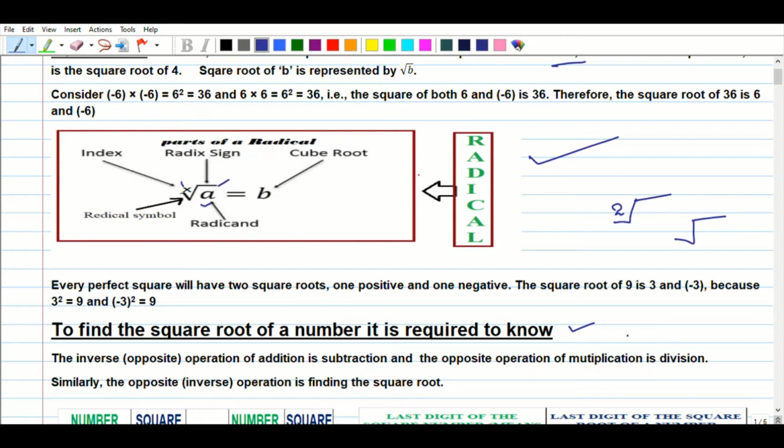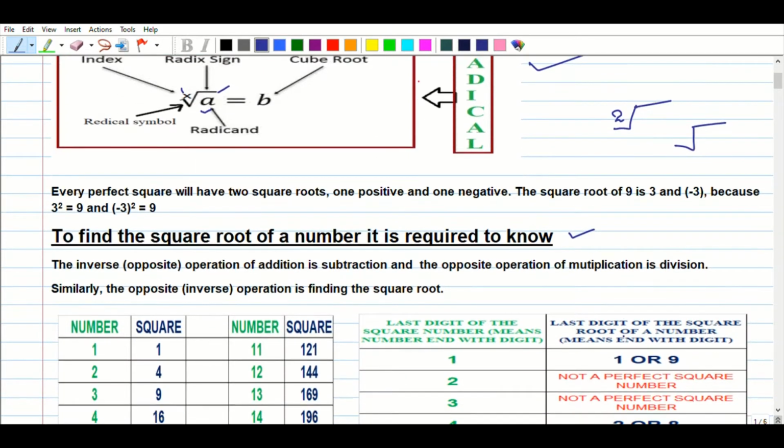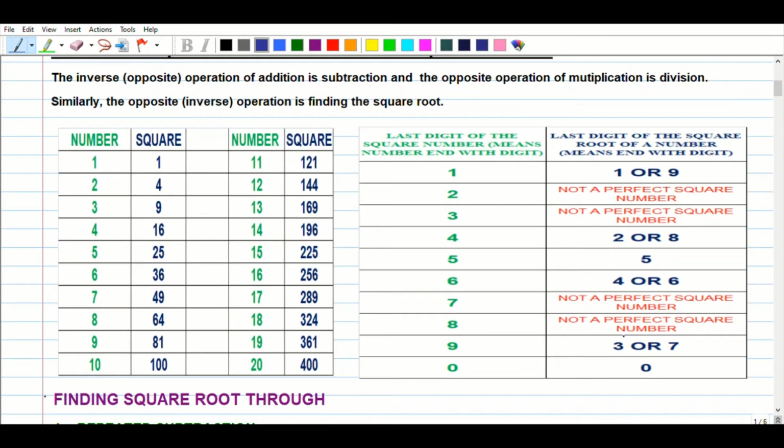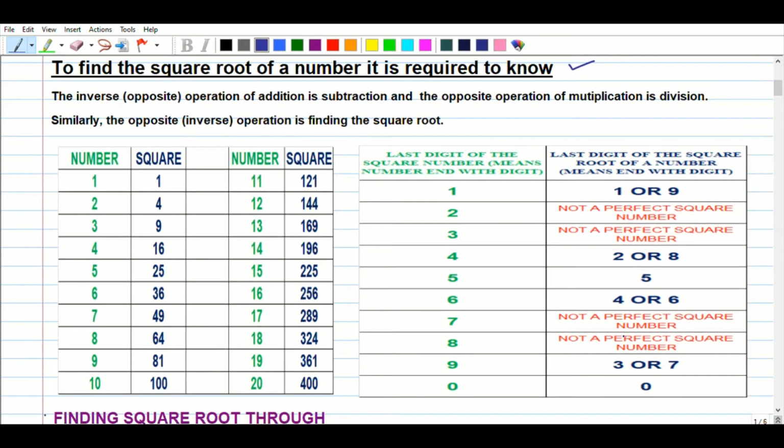Here I have listed some square numbers. Clear? 1 square equals 1, 2 square equals 4, 3 square equals 9, 4 square equals 16, up to 20 I have written here. It is required to know these, and with more practice you will learn them by default.